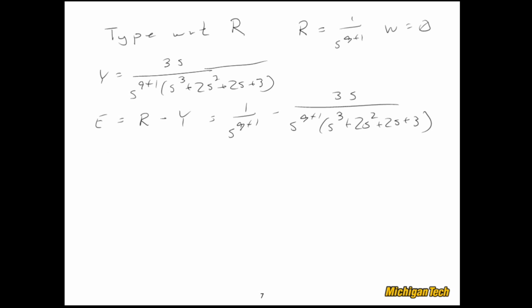Before I can apply the final value theorem, I have to get e as a rational function. So my denominator is going to be s cubed plus 2s squared plus 2s plus 3. And in the numerator, I'm going to have s cubed plus 2s squared plus 2s plus 3 minus 3s.